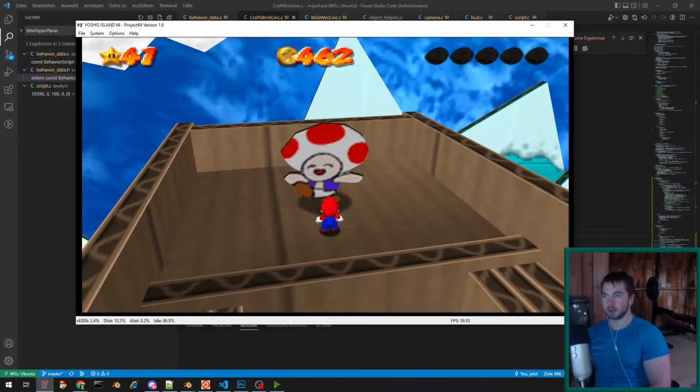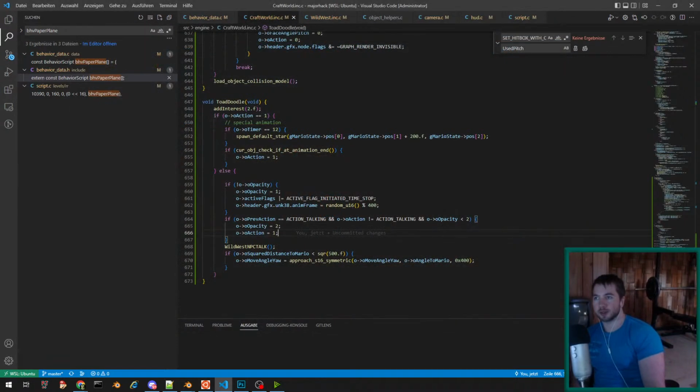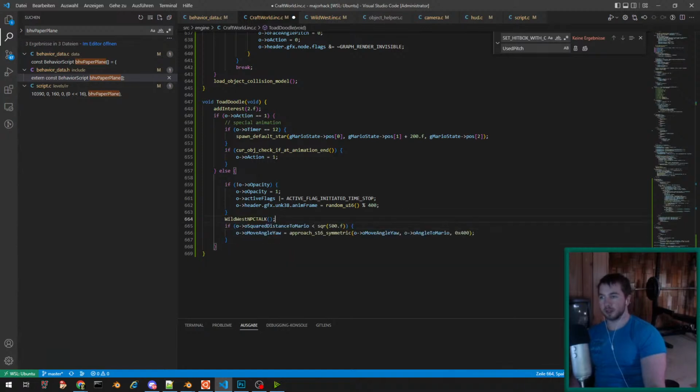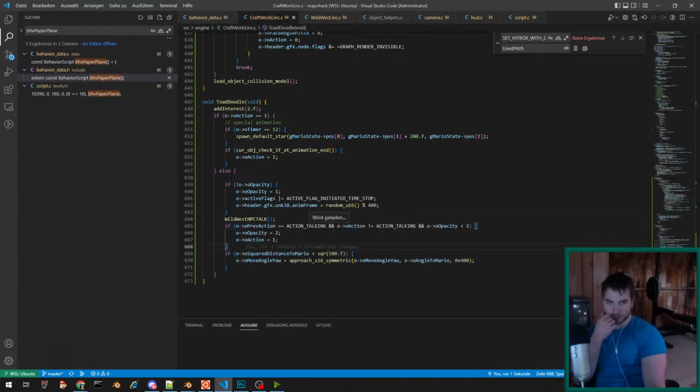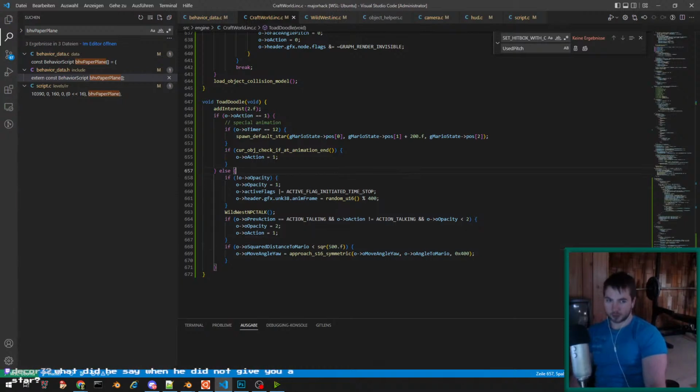No star? No star. I think I need to change this. There was one other change I wanted to do, but I forgot what it was.